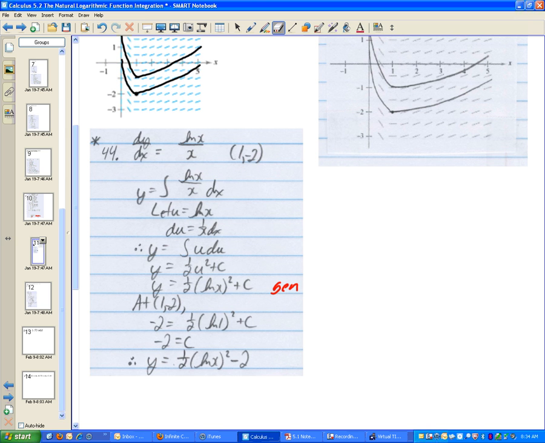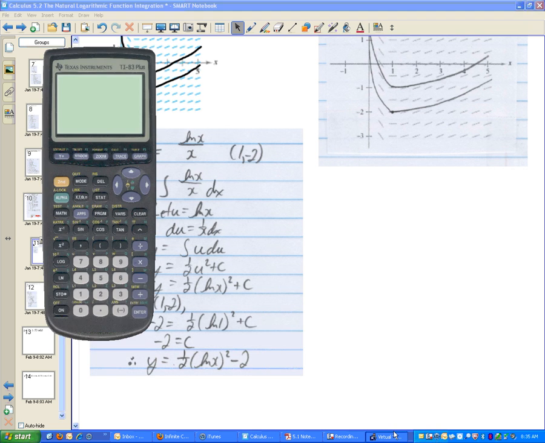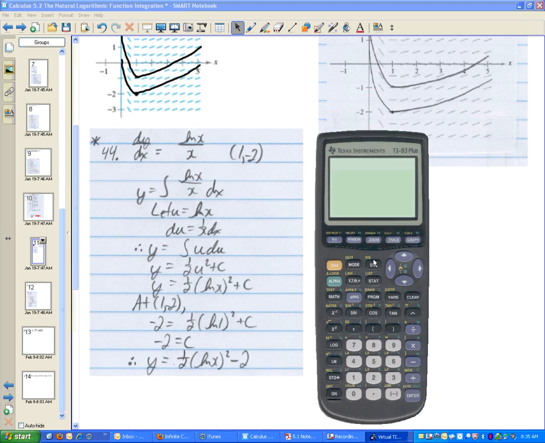So all you have on the right side is c. So -2 equals c. Now you can replace c with -2 to get the particular solution. All right. And let's see how close we come here.